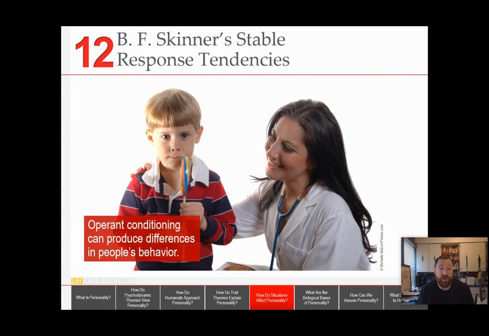So again, when Skinner was looking at these things and talking about operant conditioning, this is where he said people's personalities differ, because over the course of our lives, some things for some of us get reinforced, others don't. You can imagine at that party scenario that if that's where you met your girlfriend, then the next time you're at a party, you're going to be more likely to engage with strangers because it worked out for you last time.